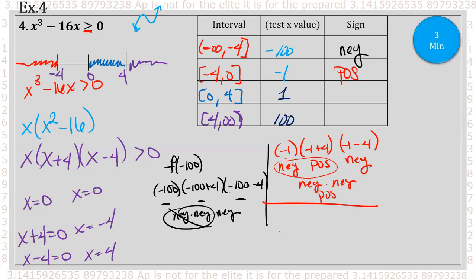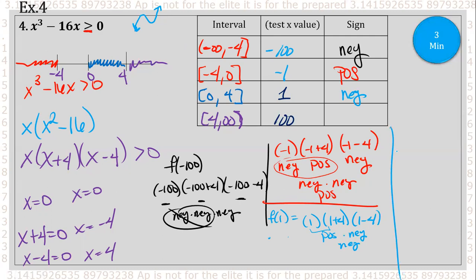Okay, how about when x equals 1? So let's go ahead and find out f of 1. Well, that's 1, and then 1 plus 4, and then 1 minus 4. So these two were positive. However, this one was negative. So negative times positive is negative. We're probably seeing that pattern right now, right?